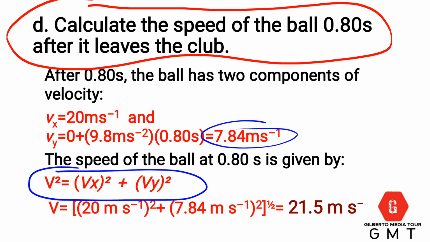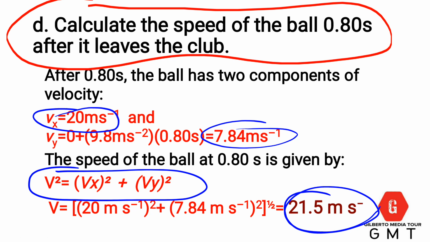Then we use both to find the velocity of the ball at this time, so by calculation we get the velocity at 0.8 seconds. This is the velocity of the ball.